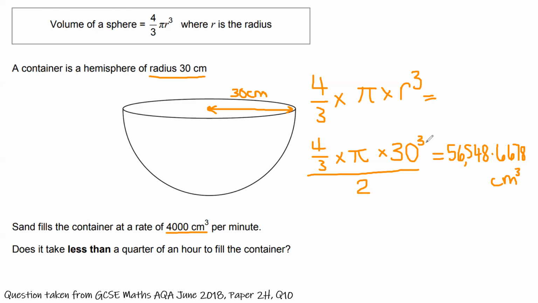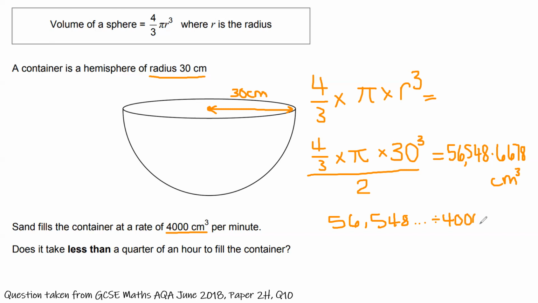Okay, so what do we need to do now? We know that the volume of this hemisphere is 56,548, and we've been told that sand fills the container at a rate of 4,000 centimeters cubed per minute. So what we need to do is 56,548 and all the decimal places divided by 4,000.